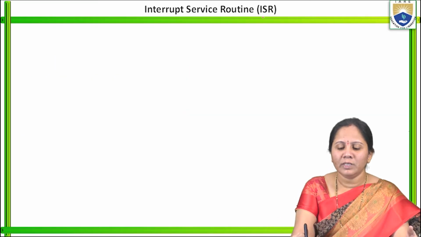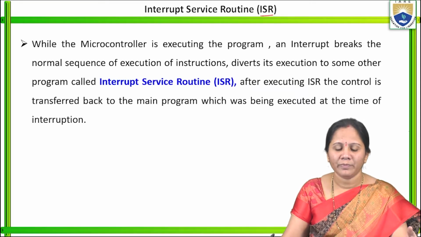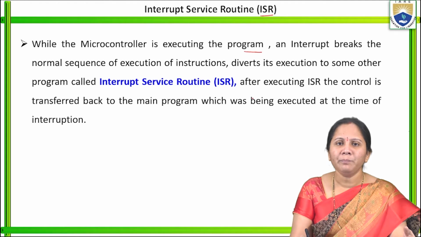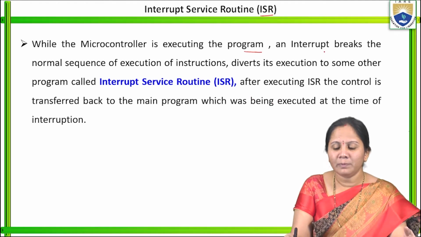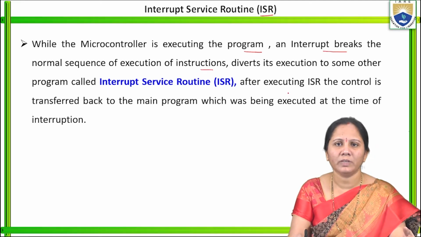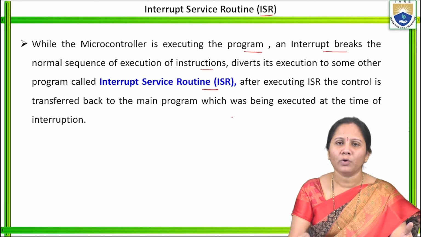Now, we will see first what is meant by interrupt service routine. For example, if the microcontroller is executing the main program and any interrupt comes in between, that particular interrupt breaks the normal sequence of execution of instructions, and then diverts the flow of execution to some other program, which is called the interrupt service routine.